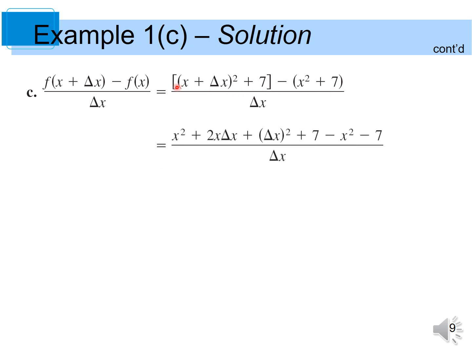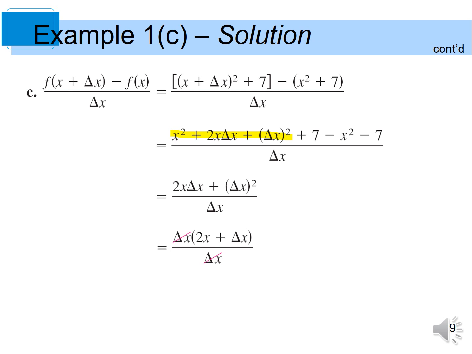Then you expand the x plus delta x squared. So this is the result of expansion. After that you expand in the negative sign, so we have negative x squared and negative 7. And you can simplify. After you simplify, you can factorize out delta x.